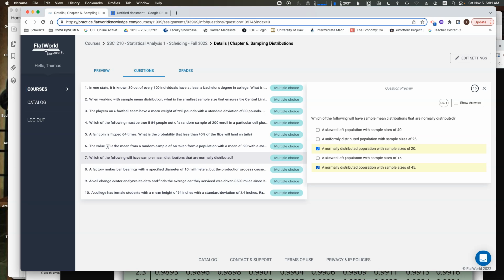But also we know that this one, a skewed left population, should be large enough. Our sample size should be large enough that we should still be okay. I think, yeah, and there we go. So it's obviously our two normal distributions, but also we have a skewed left with a large enough sample size to conclude that it's also normally distributed.